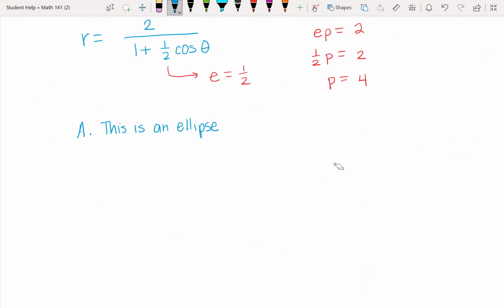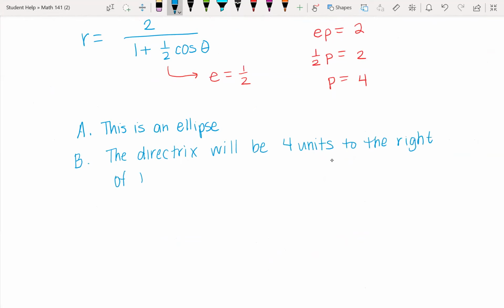So part B: the directrix will be 4 units to the right of the pole or focus point.